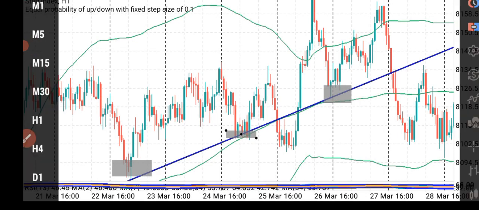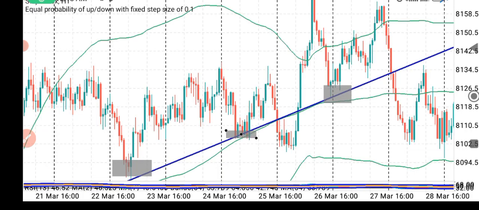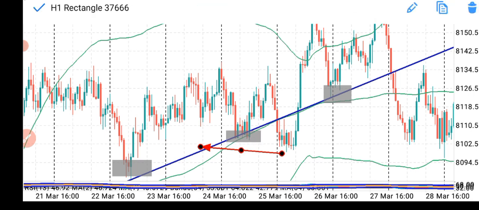Alright, this is a continuation from our previous video. So we are still considering the fake out of trend line. And for us to have a trend line, we said we need to have two levels connected together, either a higher low and another higher low for an uptrend scenario, just as we have in this video.